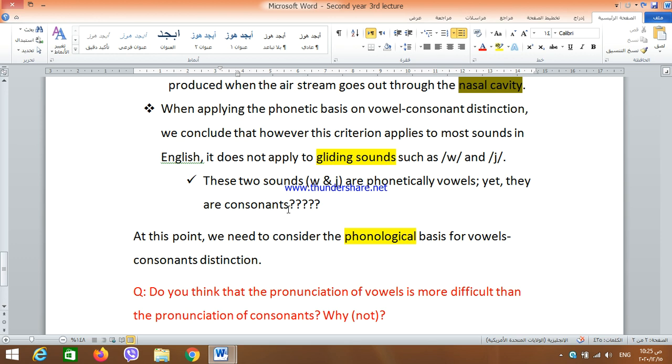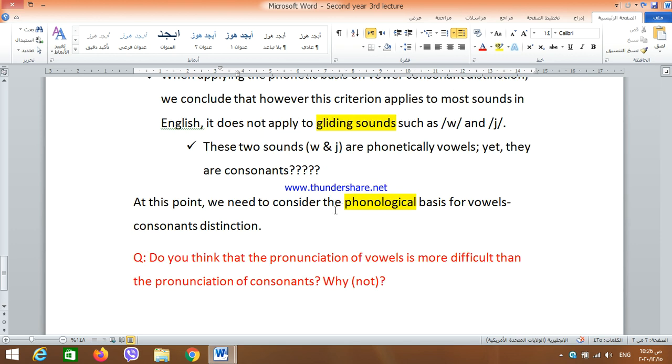You may try yourself pronouncing ye, we, ye, we. These gliding sounds do not require any obstruction to the airflow, which means that the airflow goes out freely, which is a feature of vowels, not consonants. So from a phonetic point of view, we can say that w and y are vowels, because there is no obstruction felt in the pronunciation of these sounds.